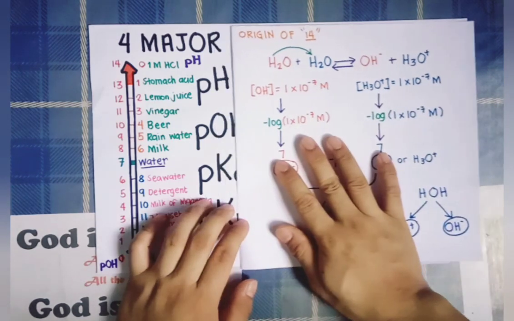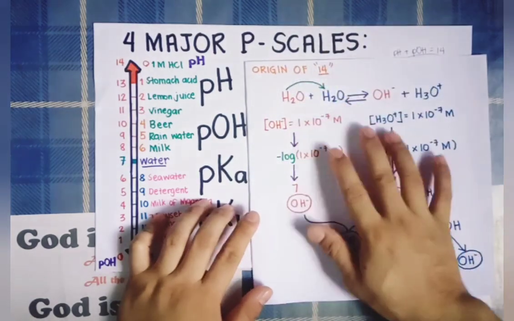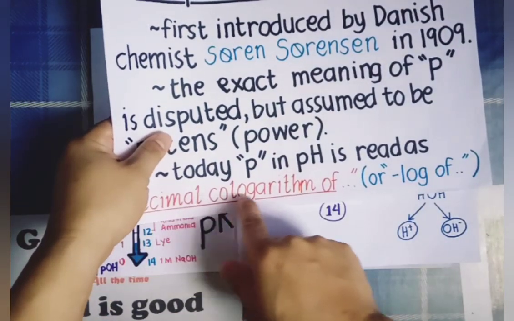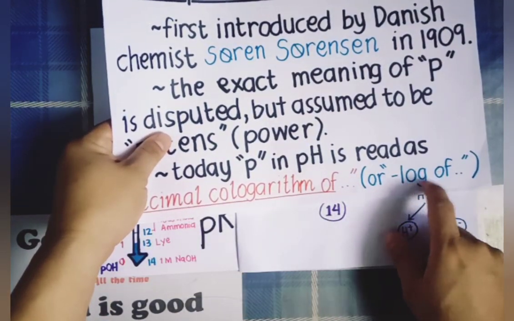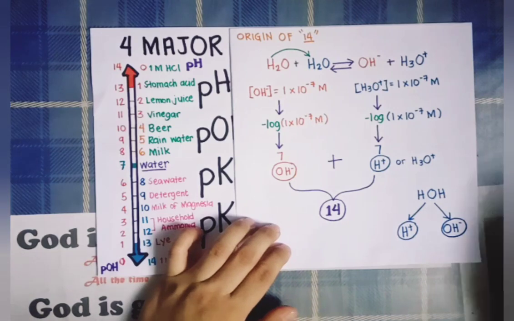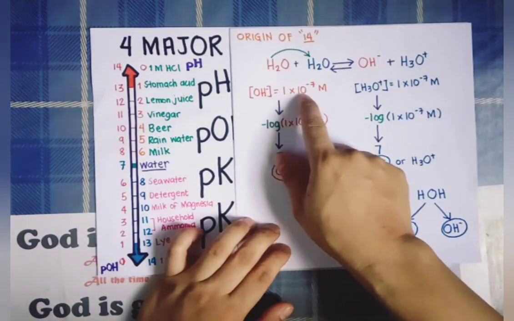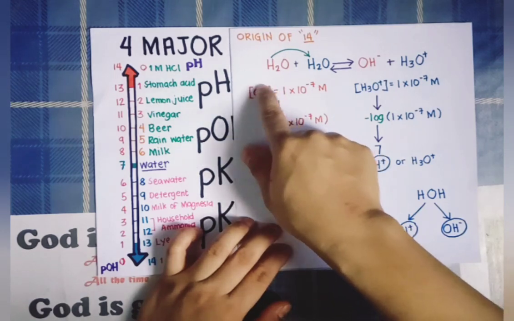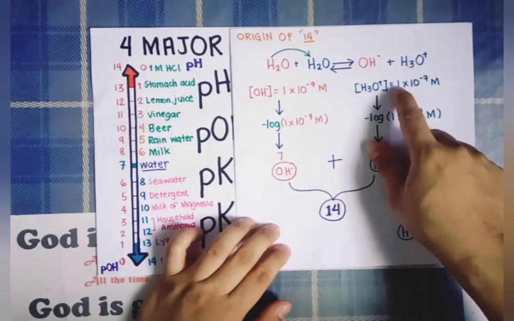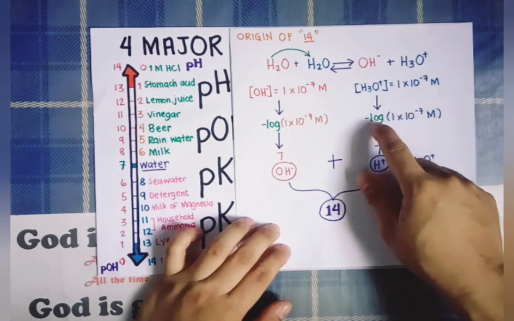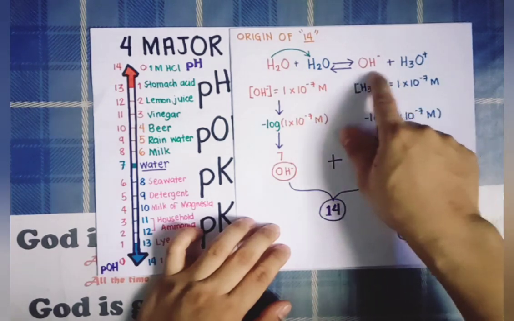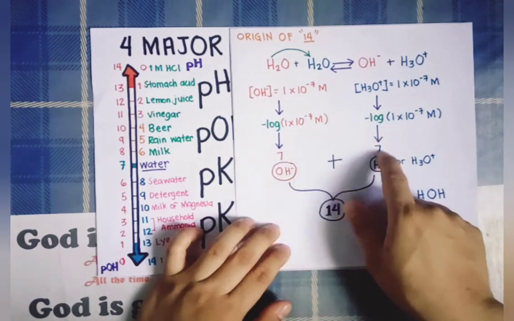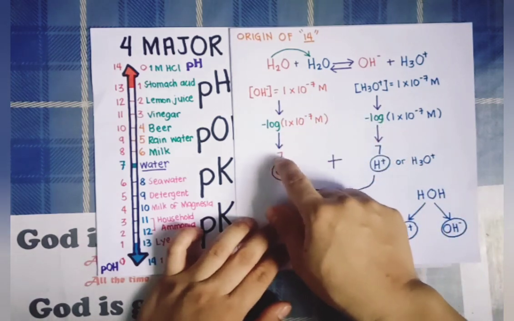Now, if we are going to use the definition of the p scale, which is the decimal cologarithm or the negative logarithm, if we get the negative logarithm of 1 times 10 raised to negative 7 molar, which is the OH concentration, and the negative logarithm of 1 times 10 raised to negative 7 molar, the hydronium ion concentration, then we could actually arrive here at 7.